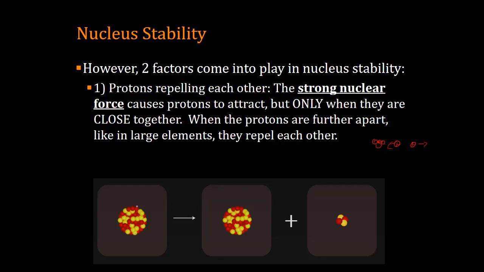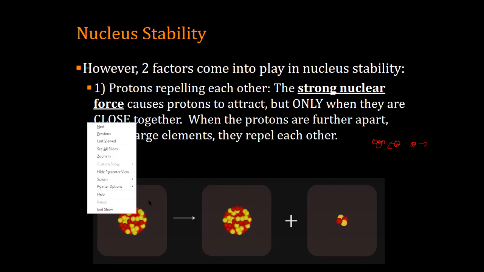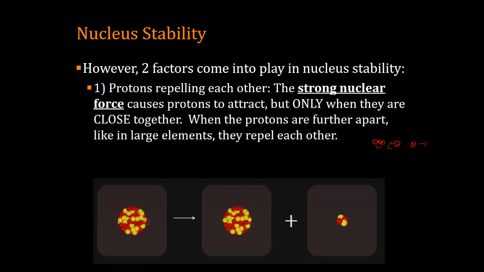So when we have a large nucleus like this, we can see that some of the protons are within a proton of each other, so they're very strongly combined. But like this proton here and this proton here, they're not strongly held together by the strong nuclear force, so the force that they primarily feel is the electric force pushing them apart.